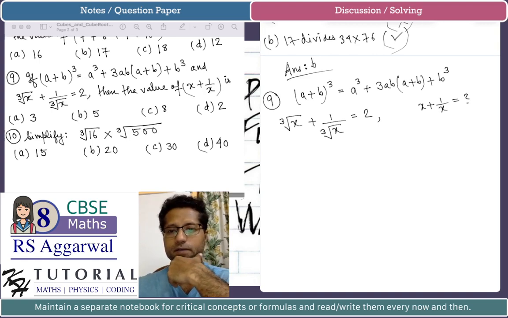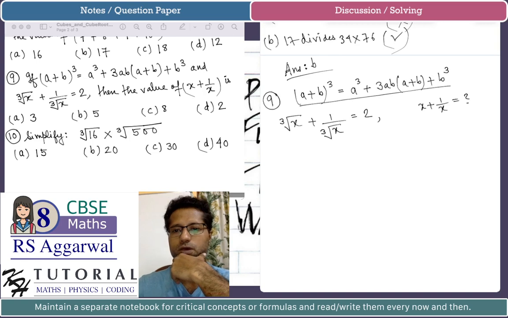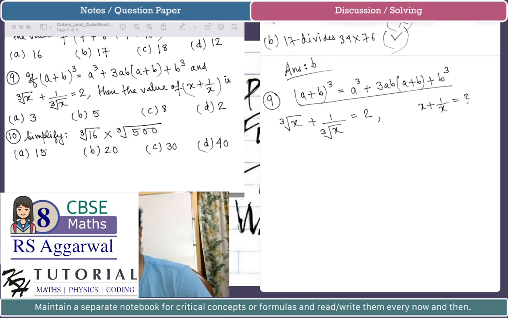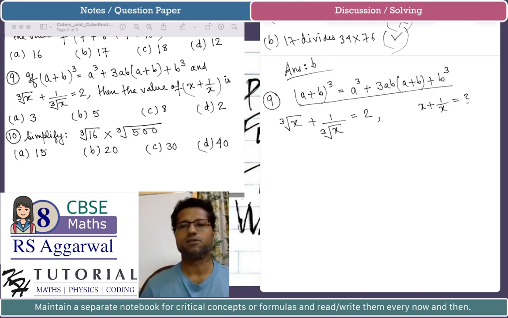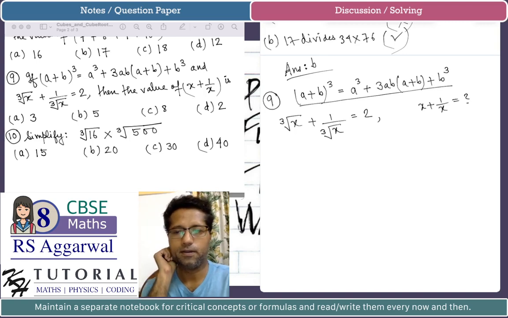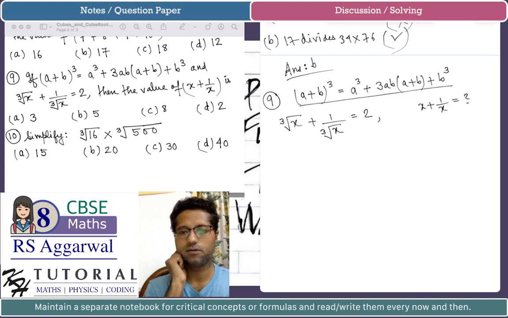So we are given this formula that a plus b whole cube is equal to a cube plus 3ab multiplied by a plus b, plus b cube. Using that formula, we have to find the value of x plus 1 by x, where it is given that cube root of x plus 1 by cube root of x is equal to 2.